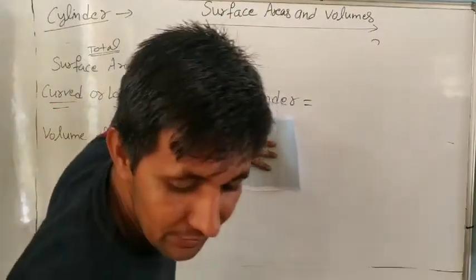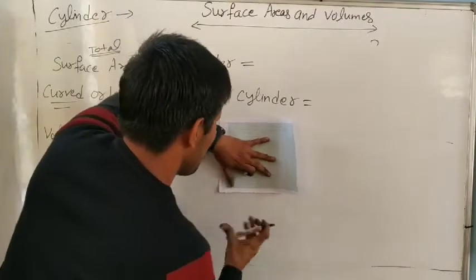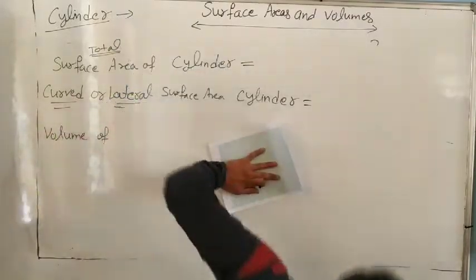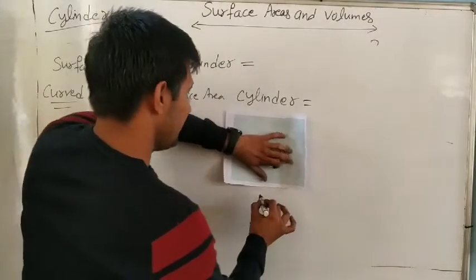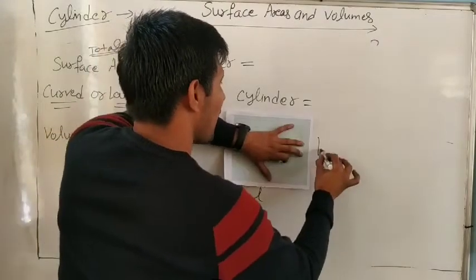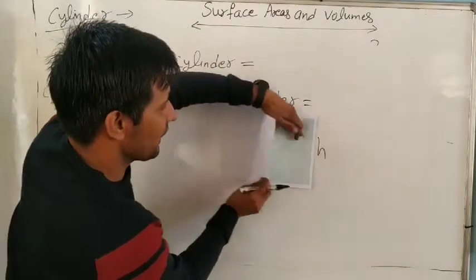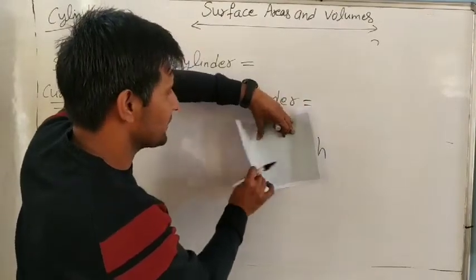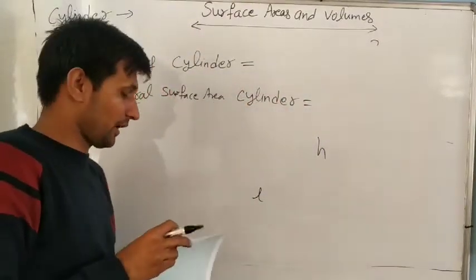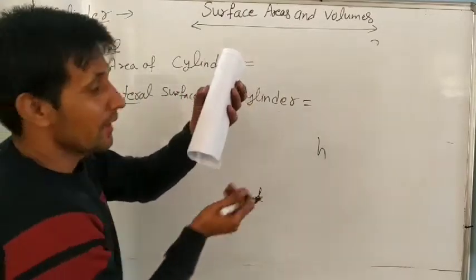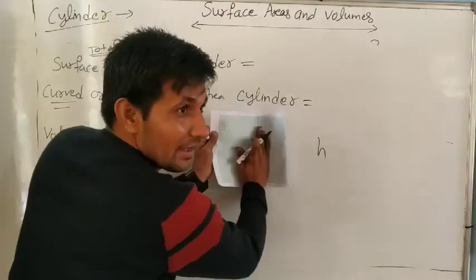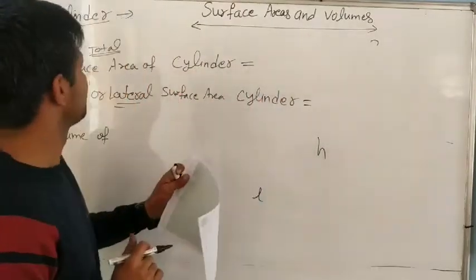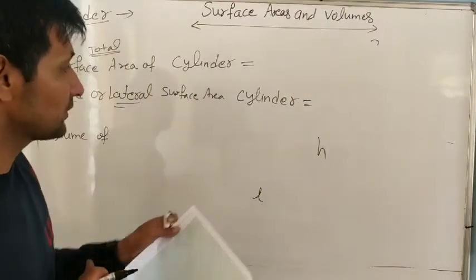So it is the length, and this is the height, because when we rotate it like this, it is the height. So we want to find the surface area. Surface area is only this one. So area of rectangle equals the curved surface area of the cylinder.